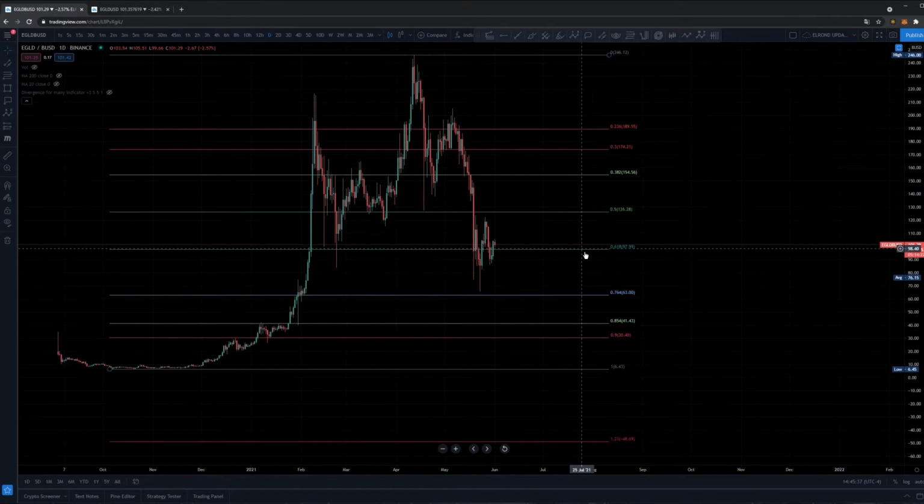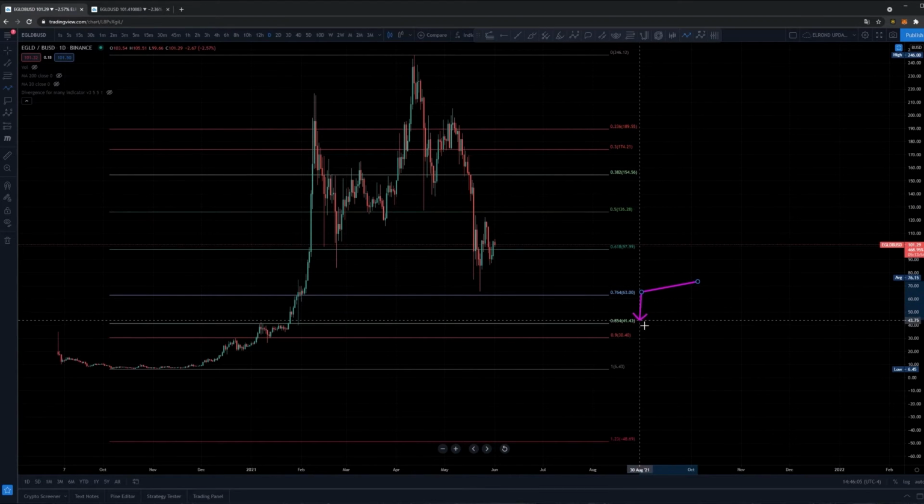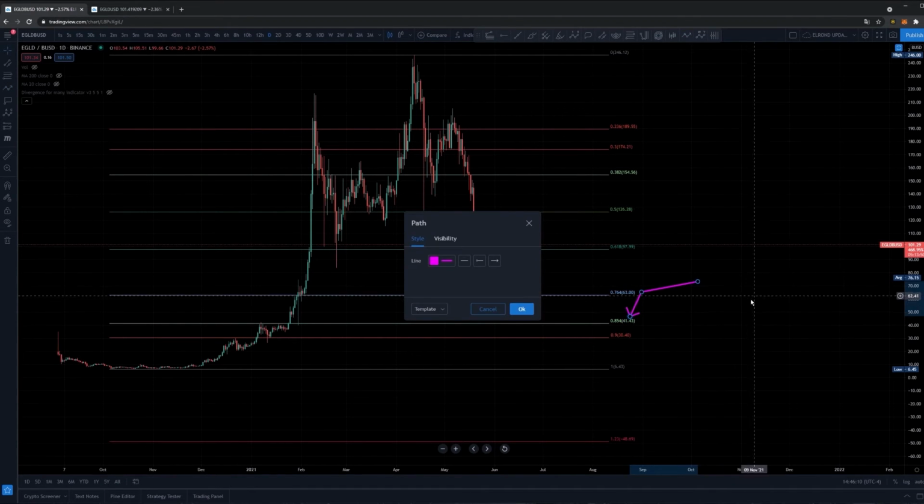You can see we are now dealing with the golden Fib, the 0.618 at around $97. We have big support at $98. If we go lower than $98, this becomes problematic. It is possible after that we will go test the 0.64 at $63 or the 0.85 at $41.43.